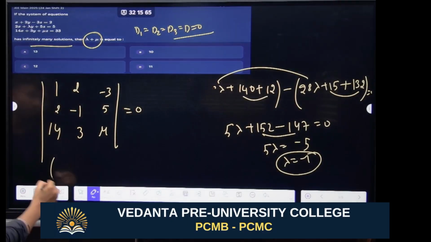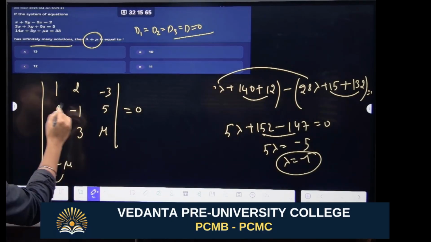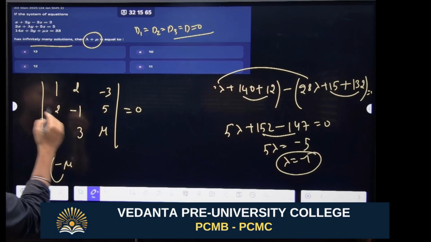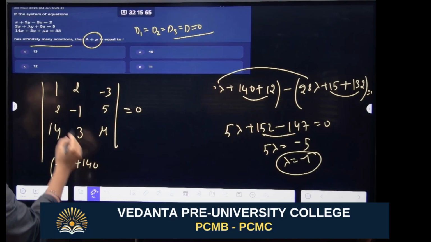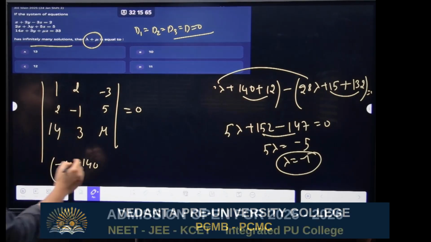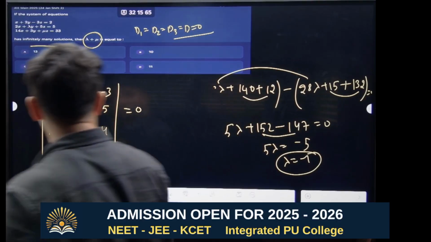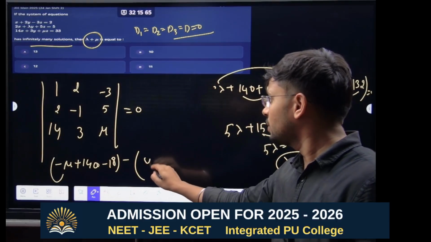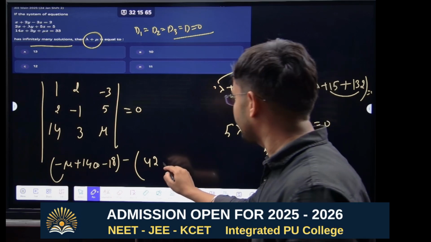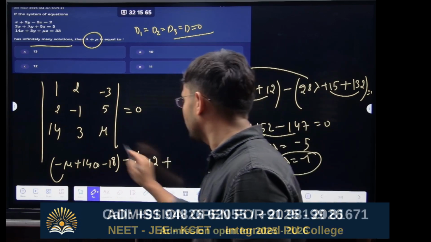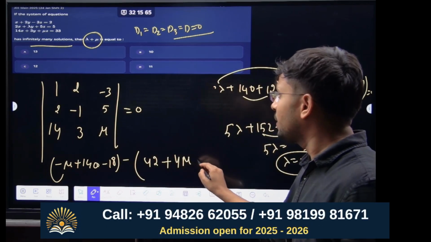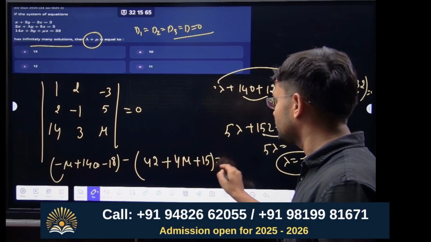Now if I solve, this is minus mu, plus 140, plus minus 18, minus 42, plus 2 times 4 mu, plus 15, that is equal to 0.